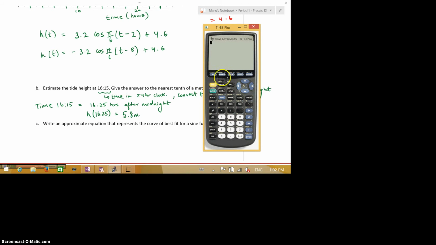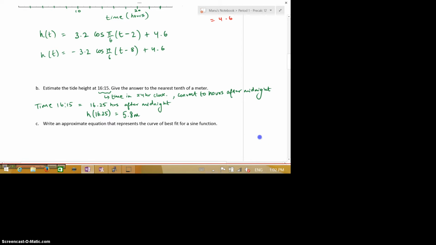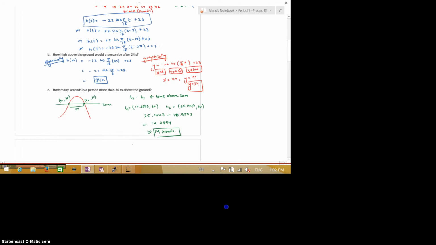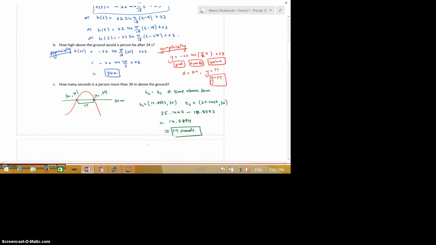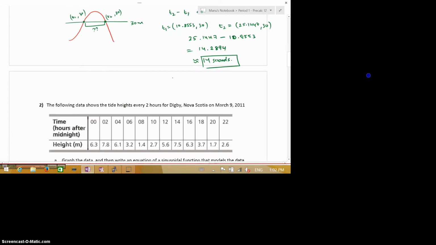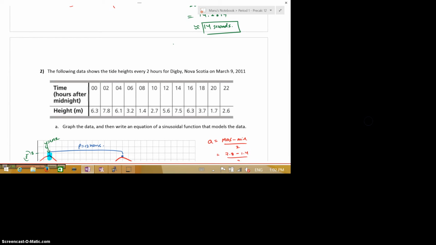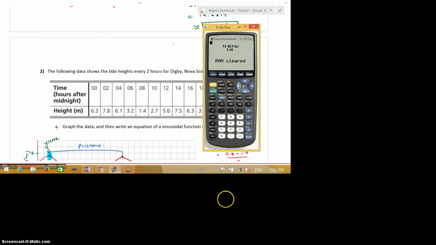So clear, actually reset the calculator. Second memory, reset, all RAM, reset. Just so that we've cleared our calculator memory. This is the data that we want to enter into our calculator. So here's where I'm going to go.